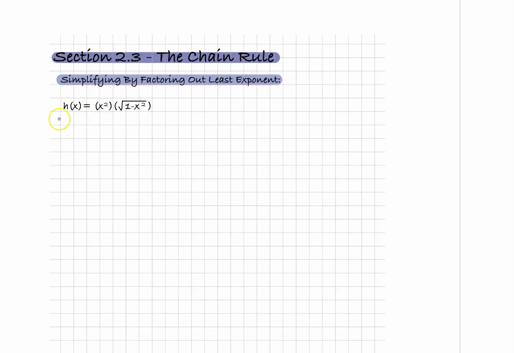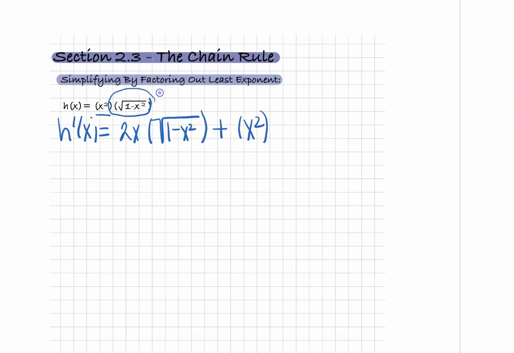I'm going to say h prime of x is equal to, I'm going to do product rule: derivative of the first, so the derivative of x squared is 2x, times the second, square root of 1 minus x squared, plus the first, so leave x squared alone, times the derivative of the second, so we're going to have to work with this piece right here. Now you can see what we should have done to start with is some algebra, because I should have written this as 1 minus x squared to the 1/2.